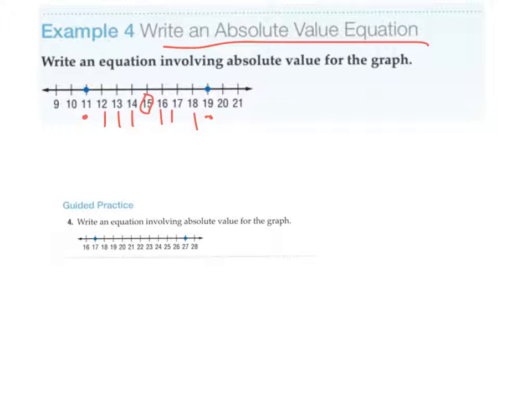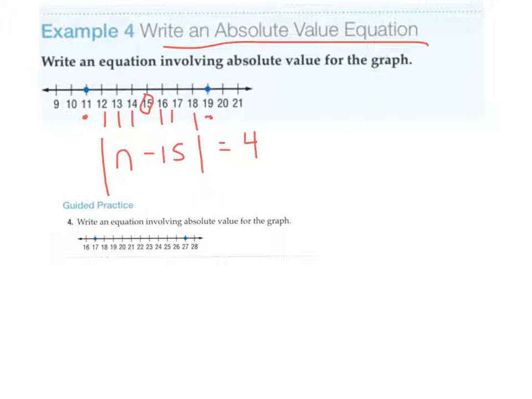Once we establish our middle point, it's a positive, so we're going to take its opposite. So it's a positive 15, so I'm going to make it a negative 15 because I'm taking the absolute value of it. And it's going to equal the distance. So I counted over 1, 2, 3, 4 spots, so it will equal a 4.